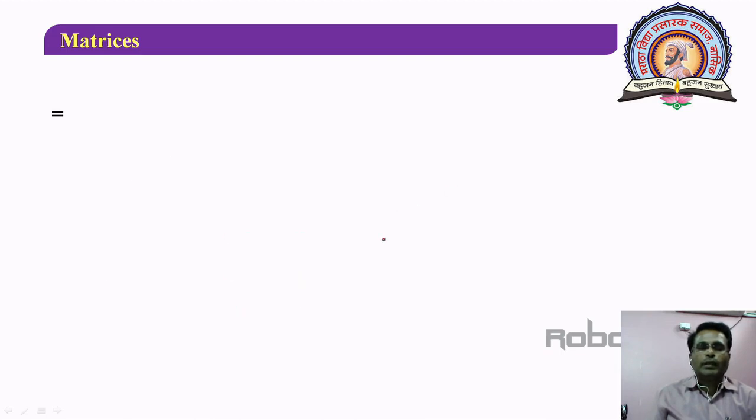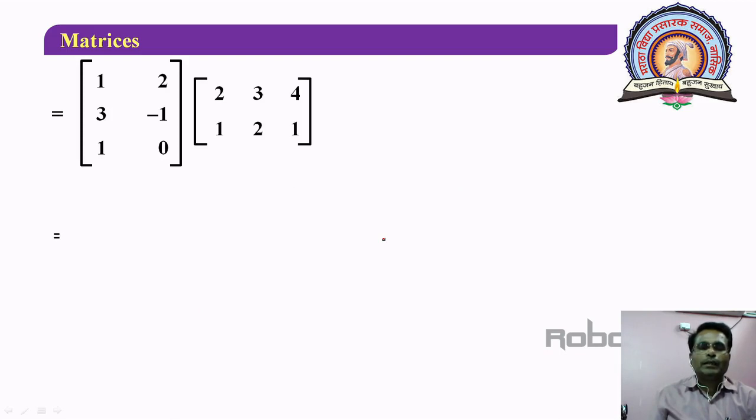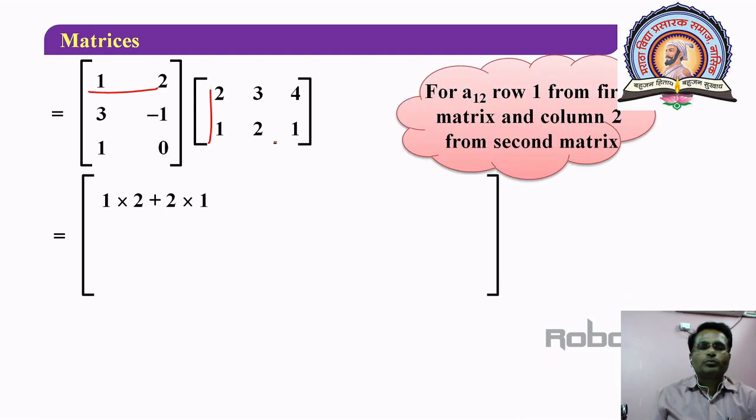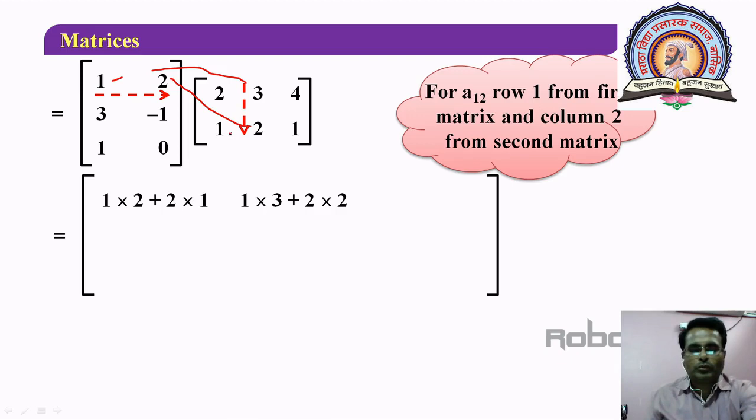Now see actually how it works. Suppose you have B and A matrices, then to obtain A11, you have to consider the first row, first column combination in this way. Similarly, for the next element, the first row and second column combination, that is this way, 1 into 3 and 2 into 2. This combination you have to consider.